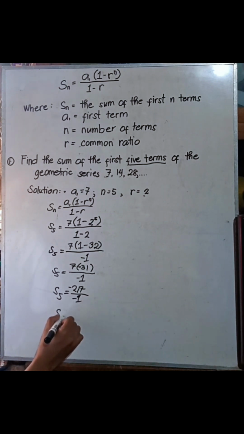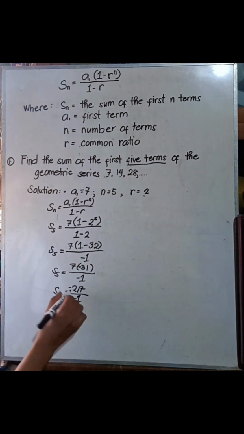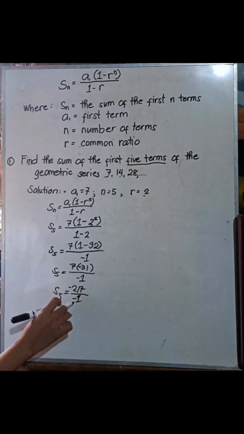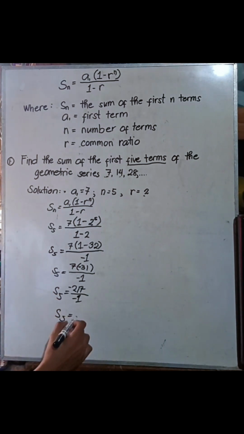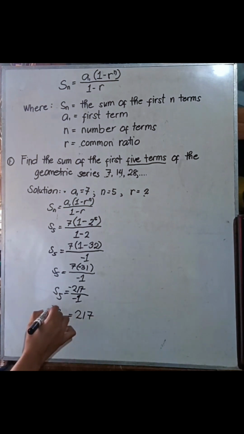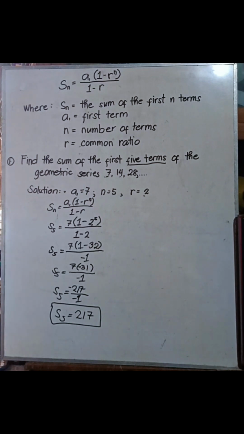So, therefore, S sub 5 is equals to negative 217 divided by 1 is equals to positive 217. So, therefore, the sum of the first 5 term of our geometric series is 217.